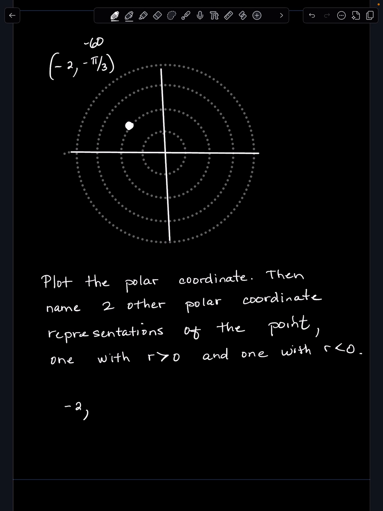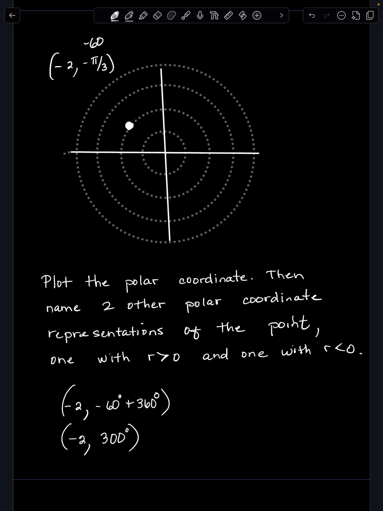You're just going to find a coterminal angle. So you're going to take negative 60 degrees and either add or subtract 360 from that. And that's going to give you another coordinate with the same r value. So (-2, 300 degrees) would be another coordinate that represented that same point. And test it. Go 300 degrees, opposite direction, you end up at that same point.